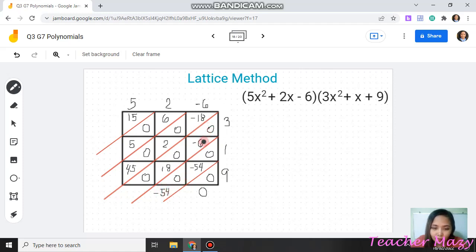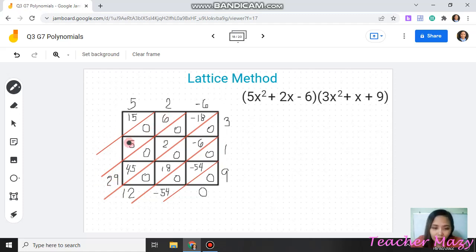Next, 0 plus negative 6 is negative 6 plus 0 plus 18 plus 0, that is equal to 12. For the next diagonal, we have negative 18 plus 2 plus 45, that is positive 29.